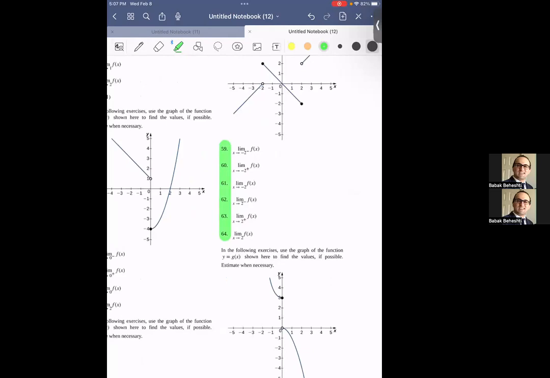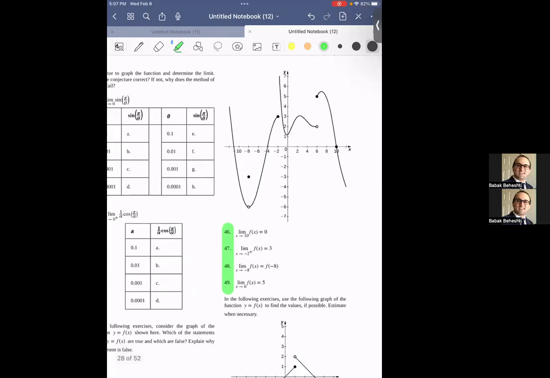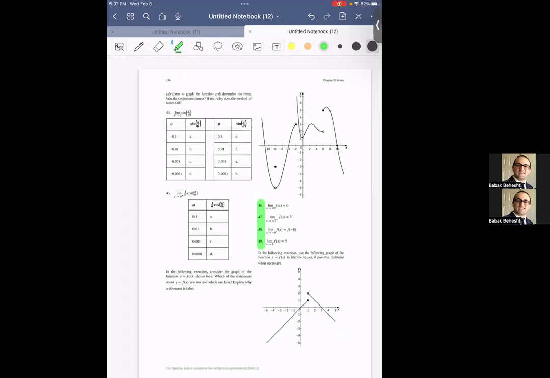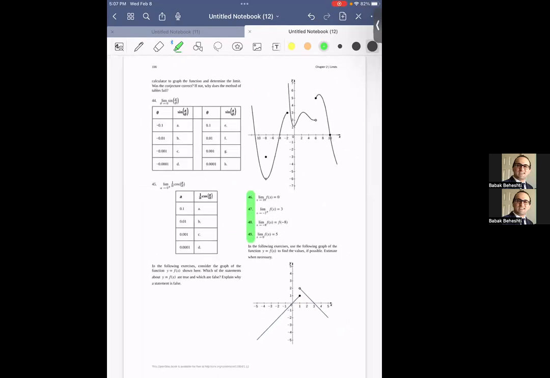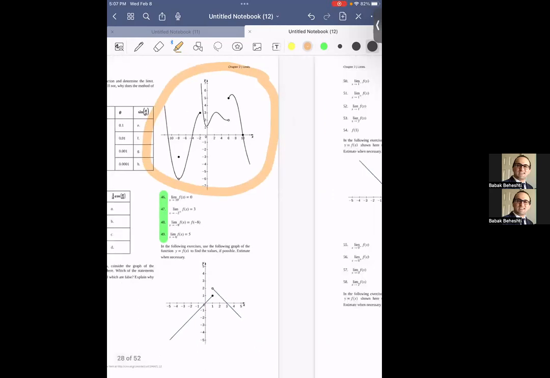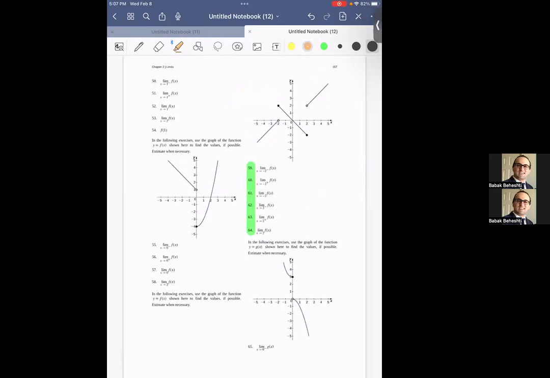So for the questions on 156, you have to use the graph on the top. For 157, you need to use the graph on the top of page 157.